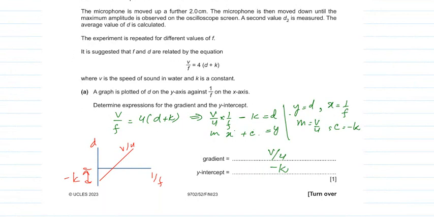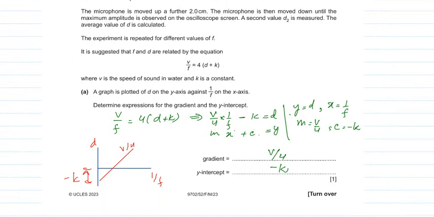Okay, so first thing first, if we see the equation, v over f equals 4d plus k, and it is given that the y-axis has d and the x-axis has 1 over f.